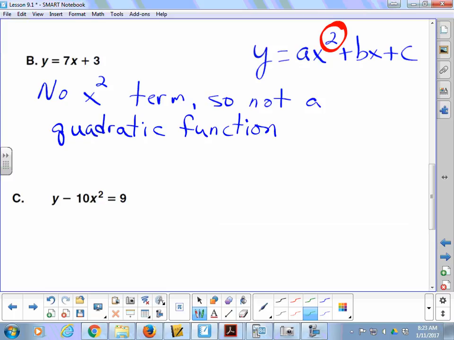Since it's a minus 10x squared, we're going to add it to both sides. So we get y equals 10x squared plus 9. Is this in the form ax squared plus bx plus c? It is. The highest degree I have is 2, so this is a quadratic function.